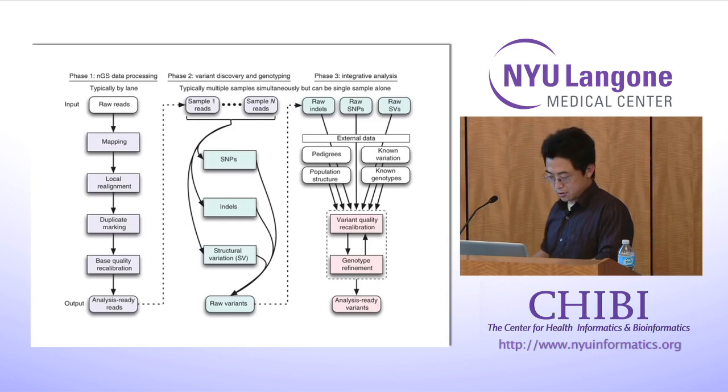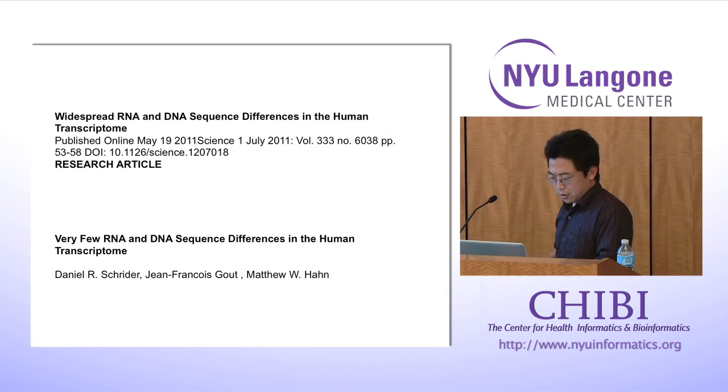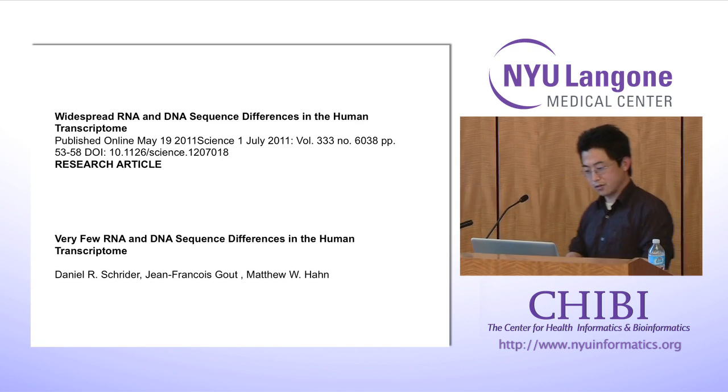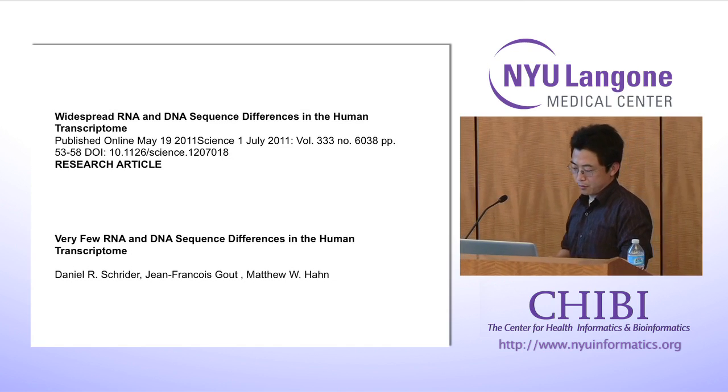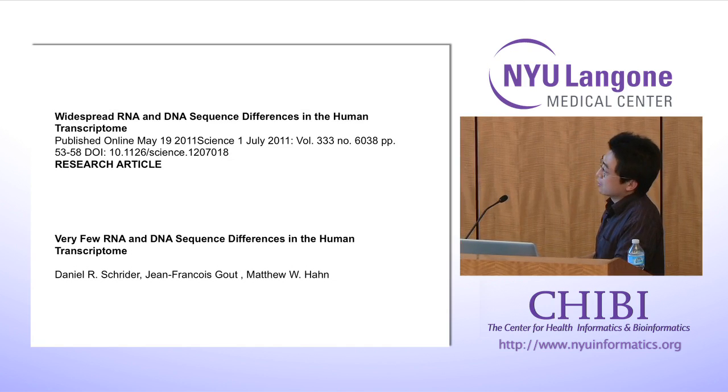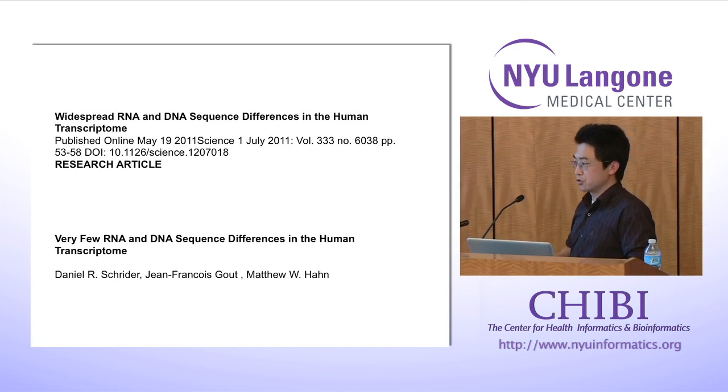If you want to discuss details, we can do this offline. And there was an interesting discussion at that time that posed some doubts on the value of RNA-seq for discovering mutations.